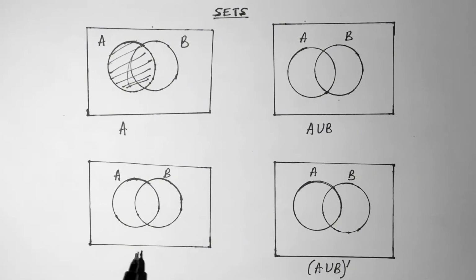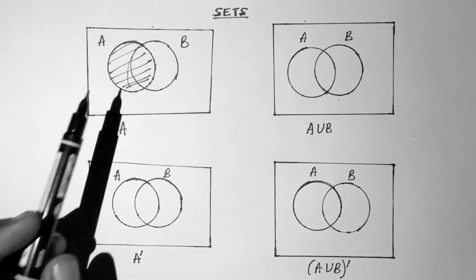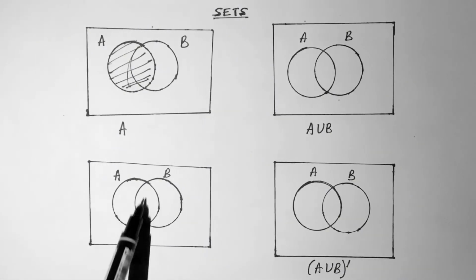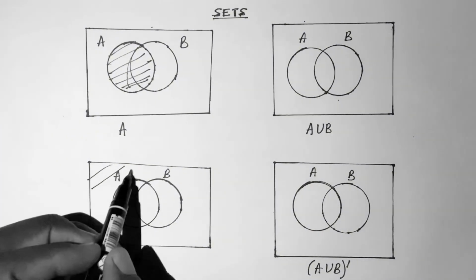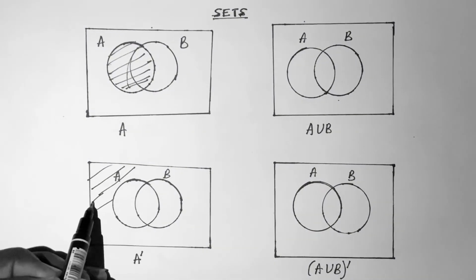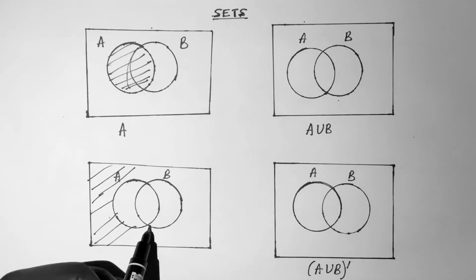A prime is also known as the complement of A. In other words, the complement of A is the opposite of A. That means all the other regions apart from A itself. So if this is A, then we are going to shade all the other regions apart from A, and therefore this is A complement. So all of these regions are.